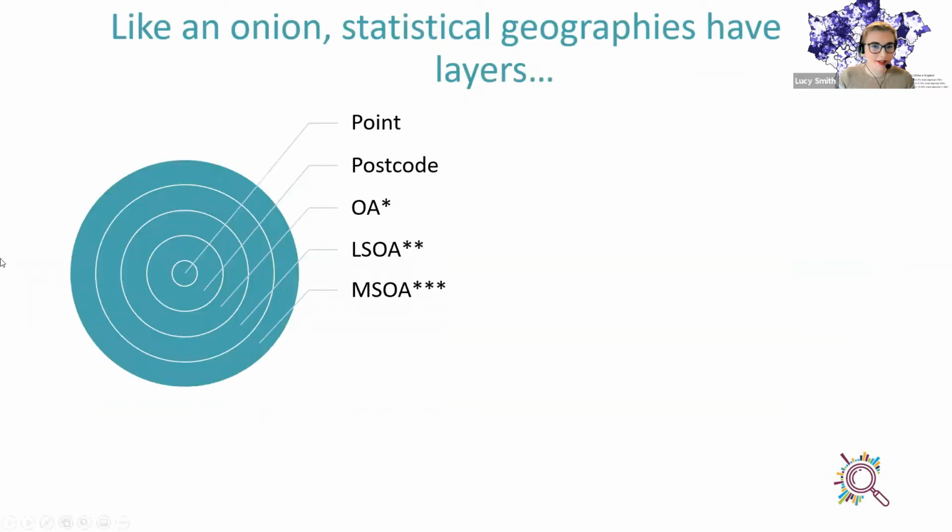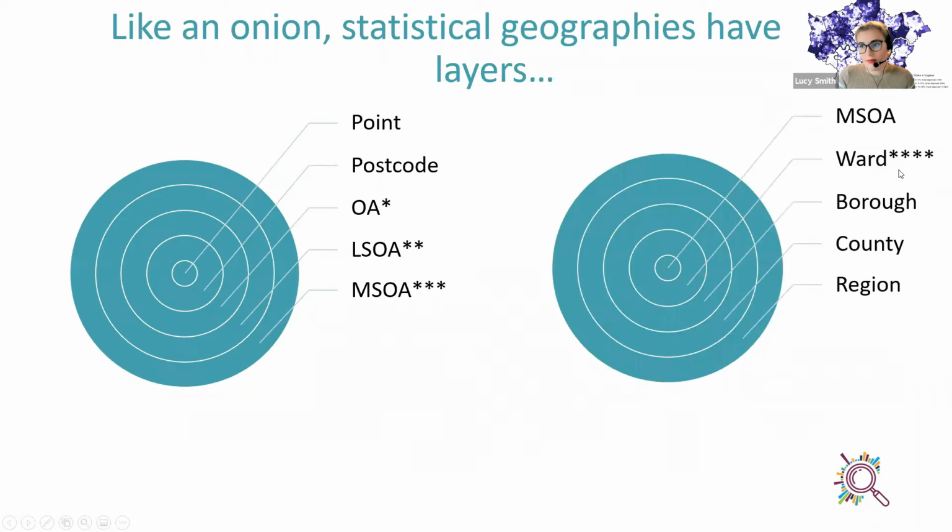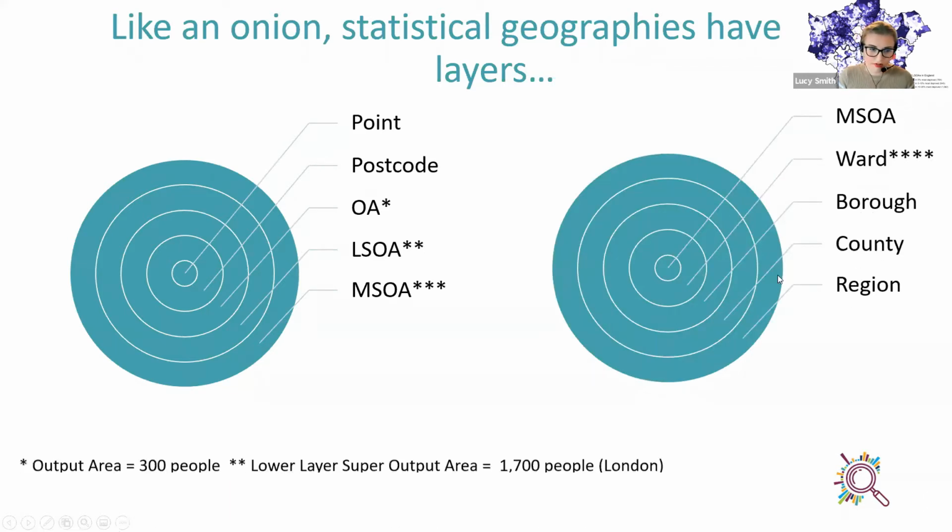Yeah, so like an onion, statistical geographies have many layers. So this was actually produced by Kate at Superhighways. So you can see the smallest part of this geography is a point, then a postcode, then an output area, lower super output area, middle layer super output area, then you've got the ward, borough, county and region.